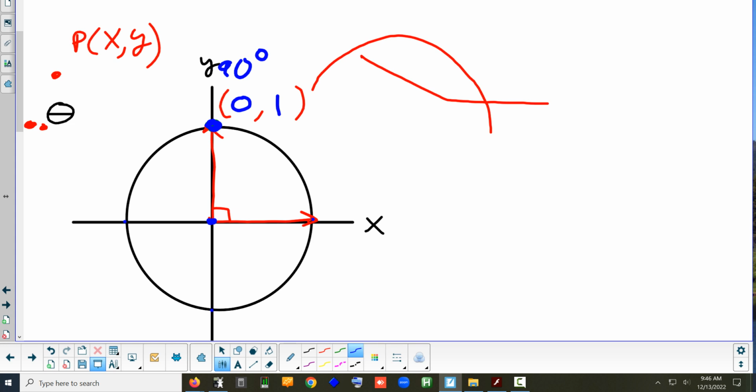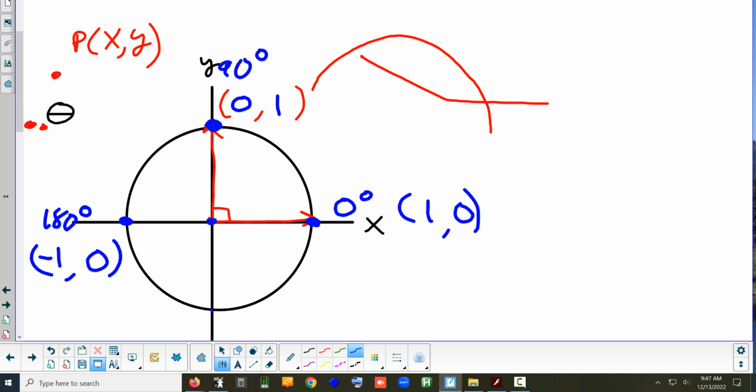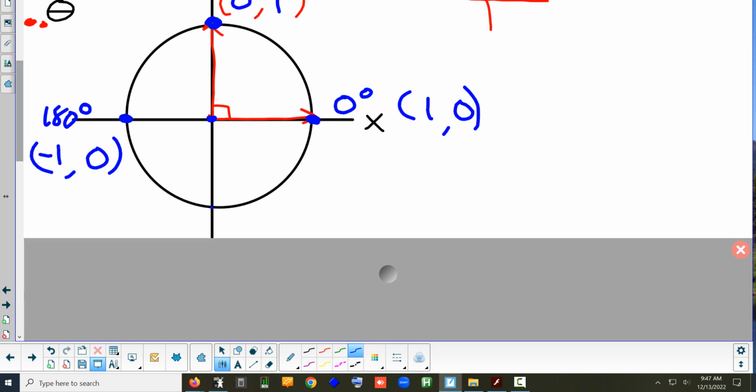How about for 0 degrees? That would be right here. Yep. 1, 0. That coordinate is 1, 0. And this is 180. Anyone think they know what that coordinate would be? Yeah. Negative 1, 0. And what would be the one at the bottom? First, what's the angle that's at the bottom?